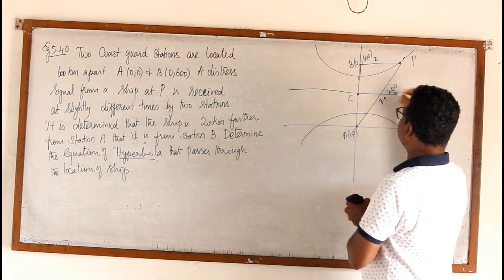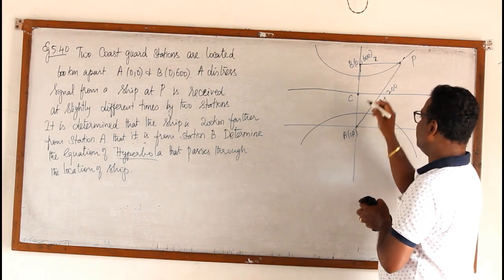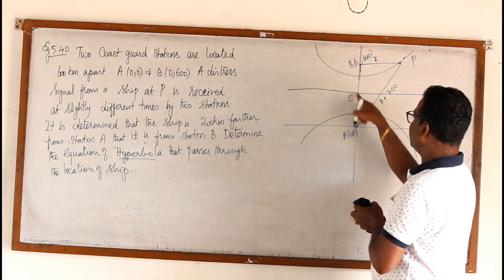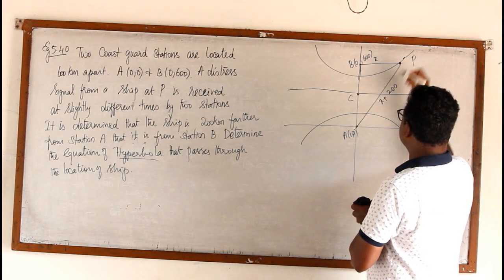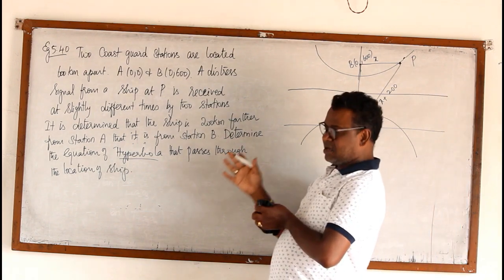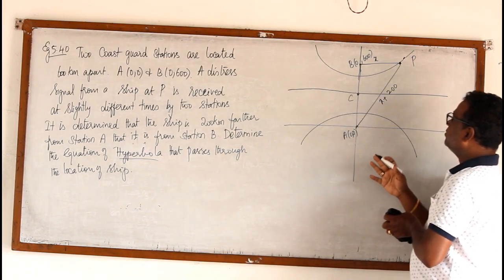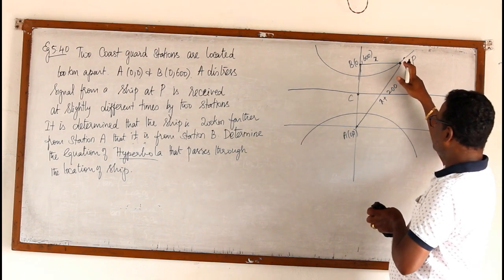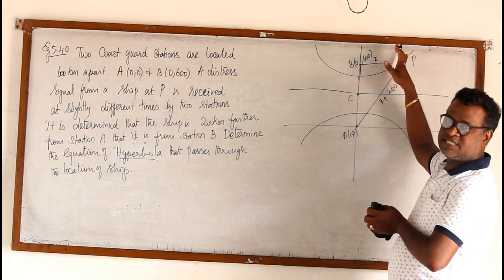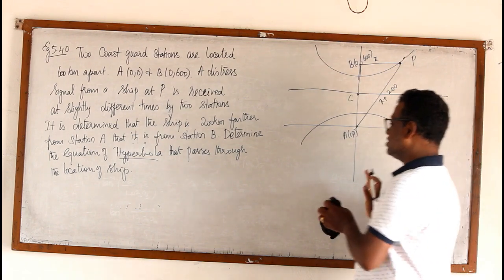Then the center will be the midpoint of A and B. So here will be the center. Then the curve will be of this format. If the ship P is on the curve, and it is x distance from B, then it will be x plus 200 distance from A. So this is the situation.